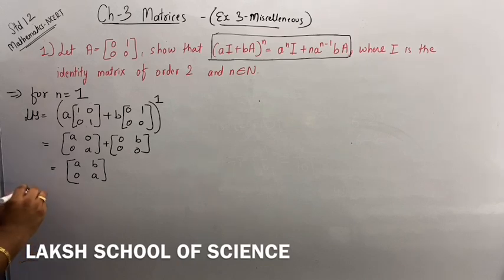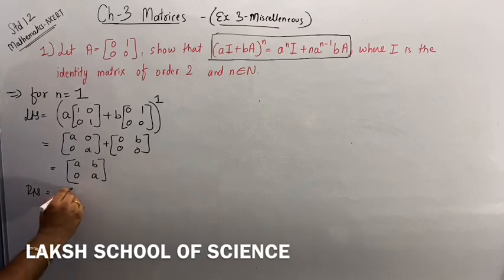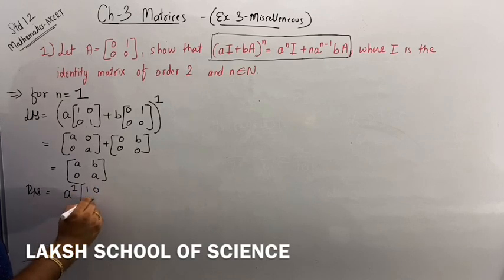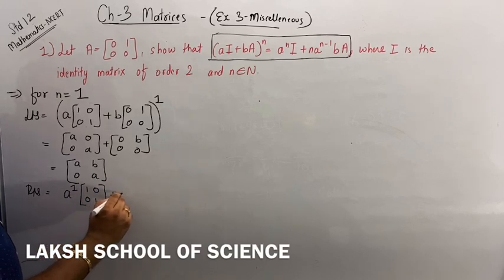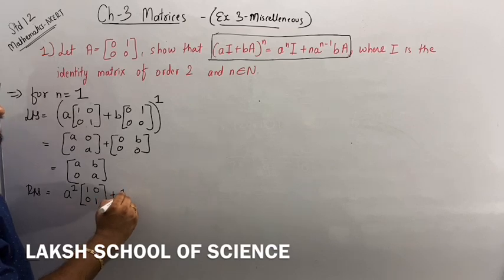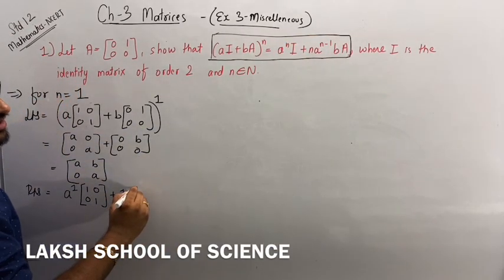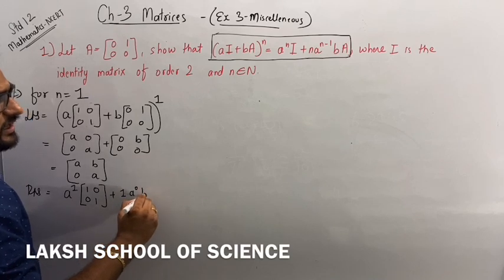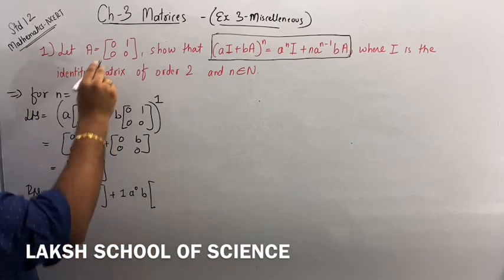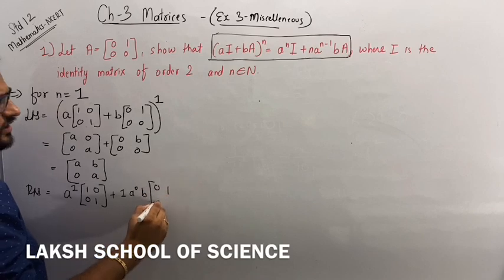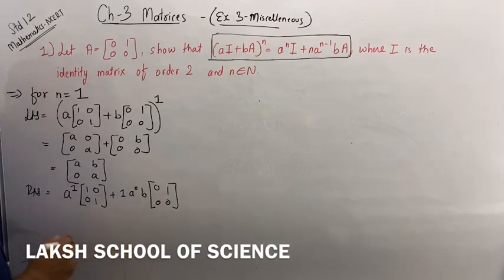Clear? Now what is RHS? RHS is A raised to n I, with n meaning 1, so I is 1, 0, 0, 1, plus n A raised to n minus 1 B, that is A raised to 1 minus 1, meaning A raised to 0, times B, and what is A? That is 0, 1, 0, 0.